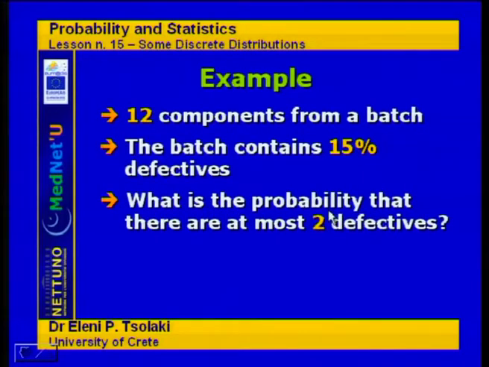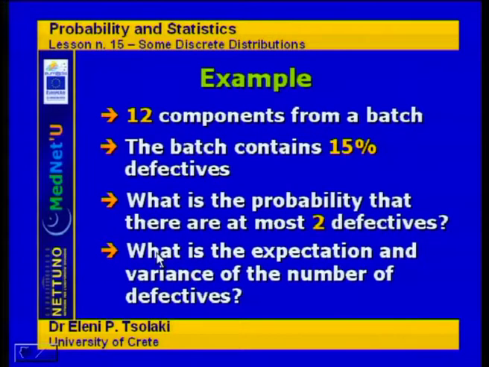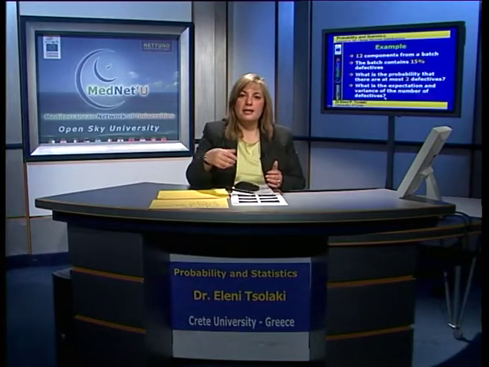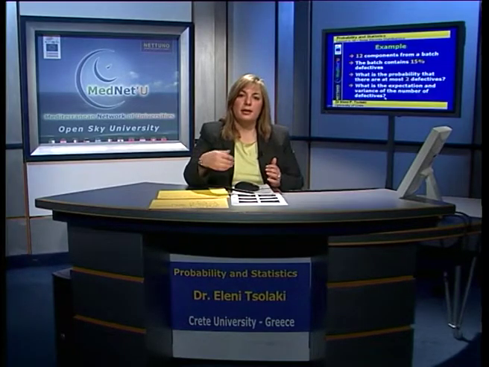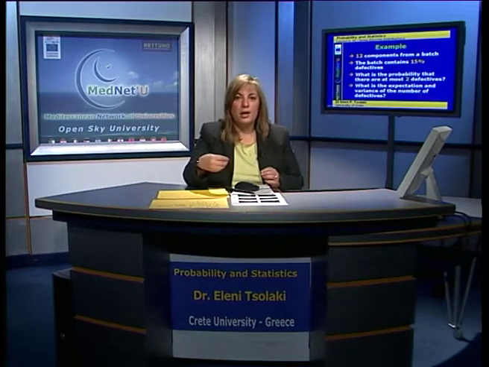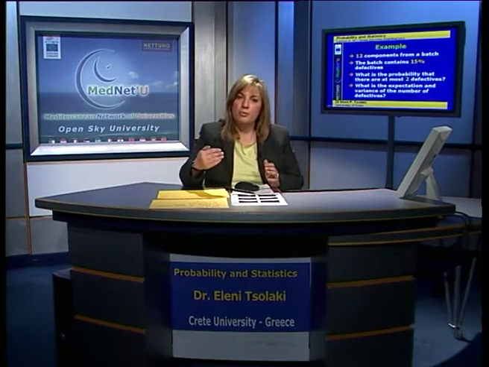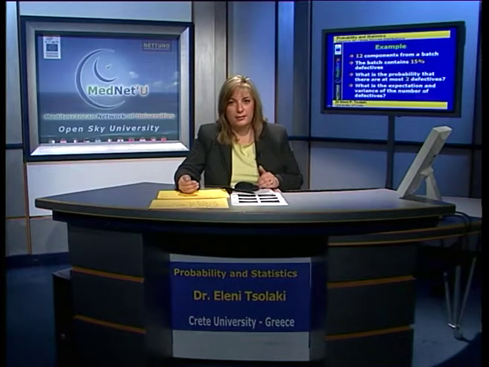What is the probability that there are at most 2 defectives? And also we are interested in the expectation and the variance of the number of defectives. Now we see in this example that we are interested in the number of defectives. So as a success in this case, we are actually going to say that it is when we observe a defective.